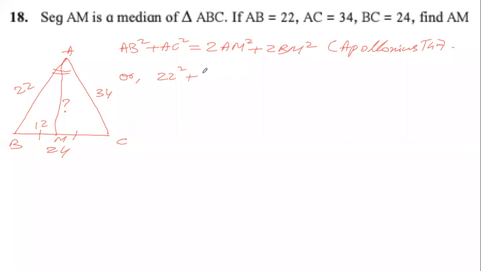Then 34 square. Very good. Then 2AM square, correct, because we don't know AM. Then plus 2 into BM square, which is 12 square. Be careful.